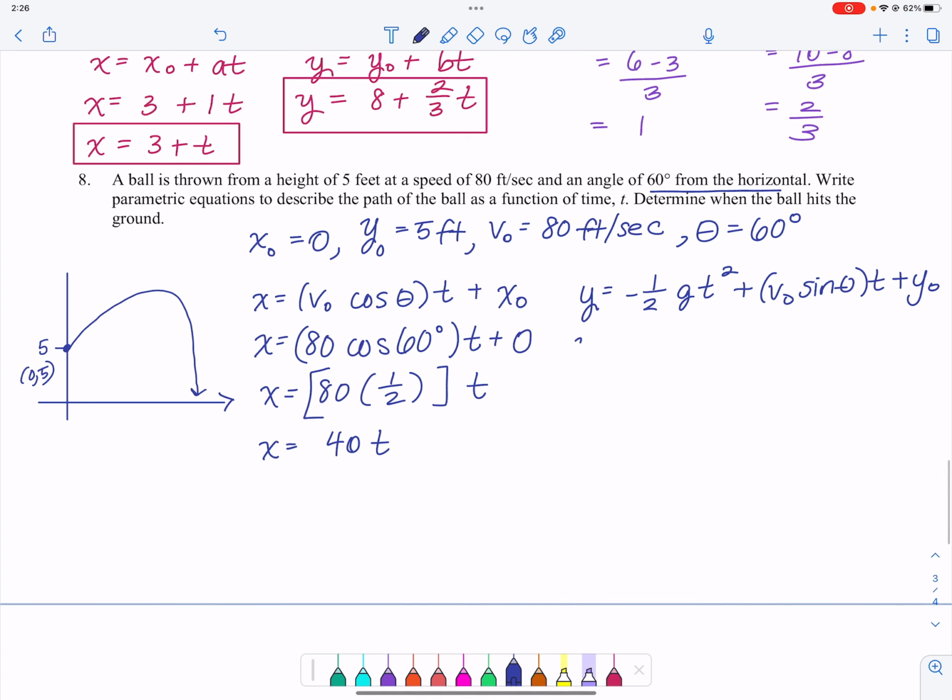Let's do the same thing for y. Y is equal to negative 1/2. Since our units are in feet and seconds, we will use gravity as 32 feet per second squared times t squared plus 80 multiplied by the sine of 60 degrees times t plus 5.